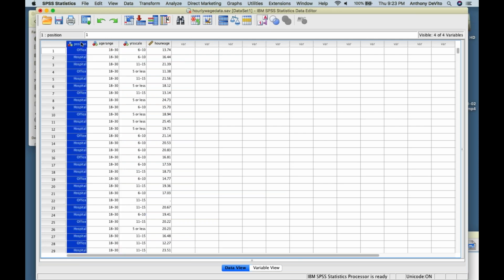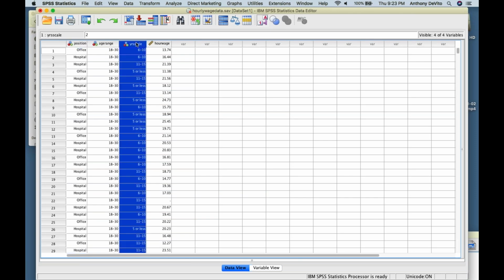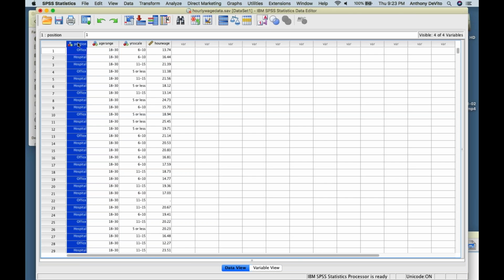So, our null hypothesis is that there's no association between the age range and the type of position that you would hold, either in an office or in a hospital. So younger nurses would hold positions in an office at the same rate that older nurses would hold positions in an office. This is the null hypothesis. The alternative hypothesis is that there's a difference in that rate.